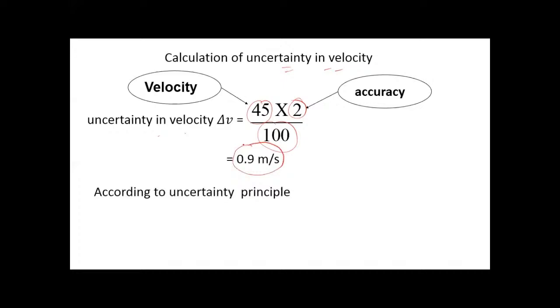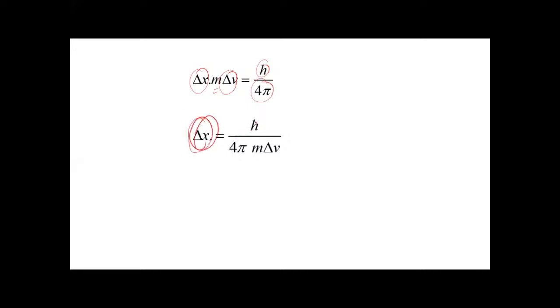According to uncertainty principle, we know delta x dot delta p is equal to h upon 4 pi, or delta x m delta v is equal to h upon 4 pi. Now we will calculate delta x, that is uncertainty in position, which is equal to h upon 4 pi m delta v.